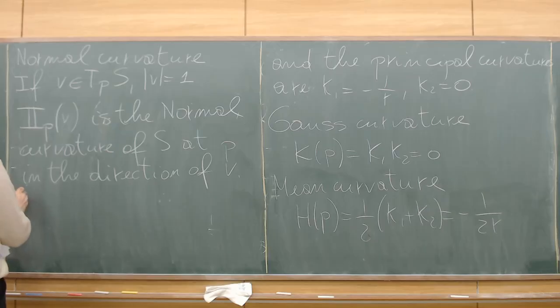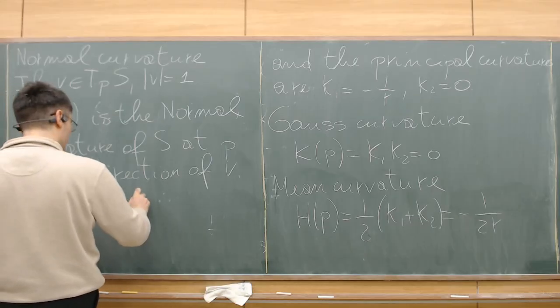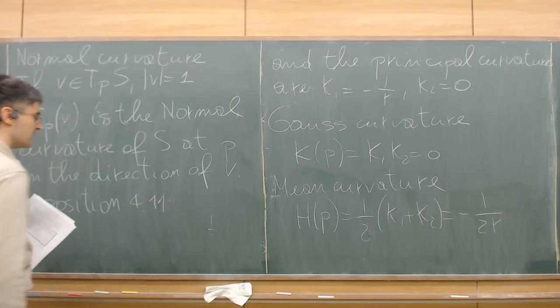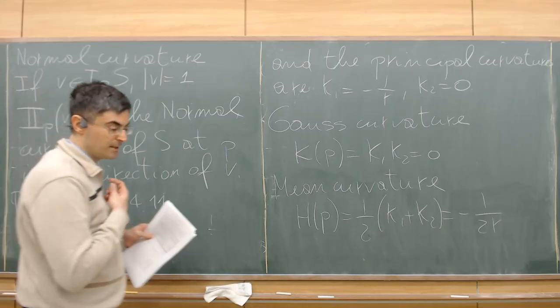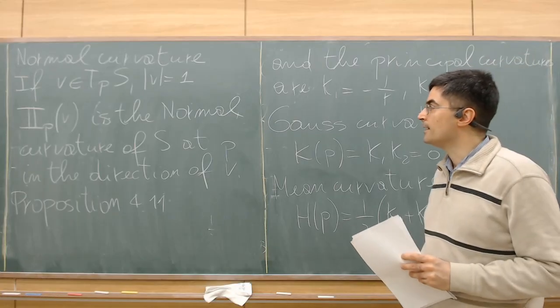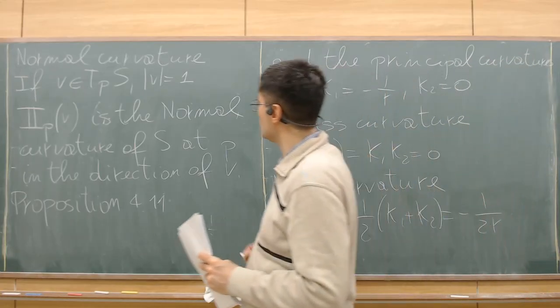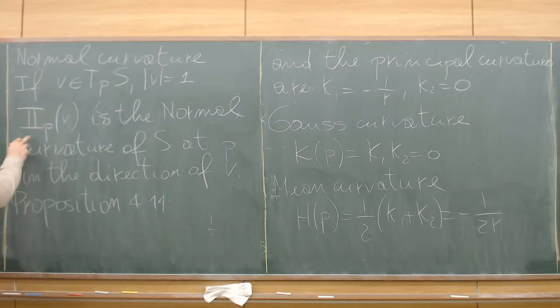So as I announced, I want to present proposition 4.11, which gives us an alternative characterization of the normal curvature, and this also provides us with an explanation of why we call this number the normal curvature.